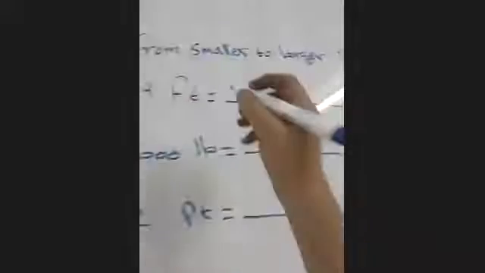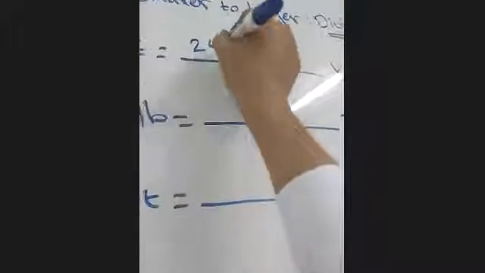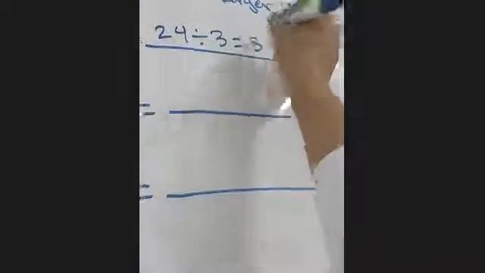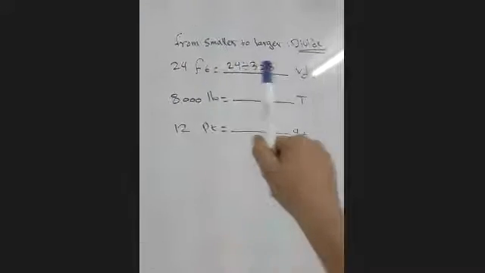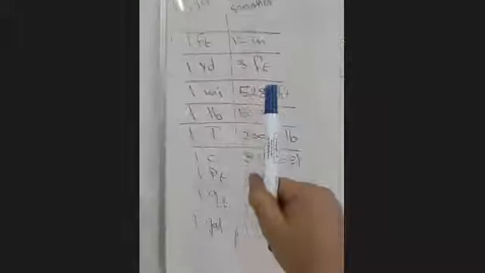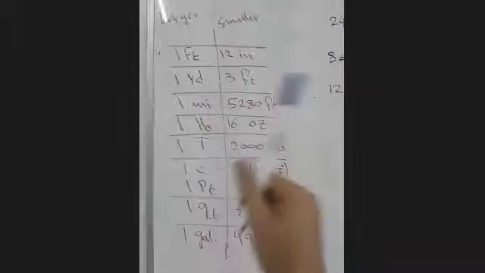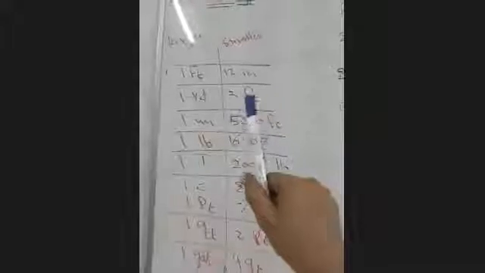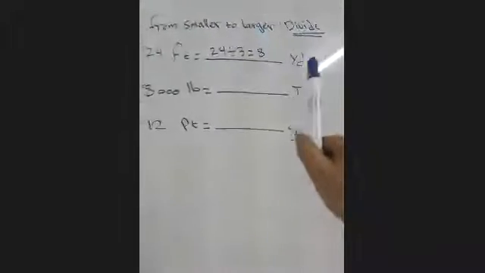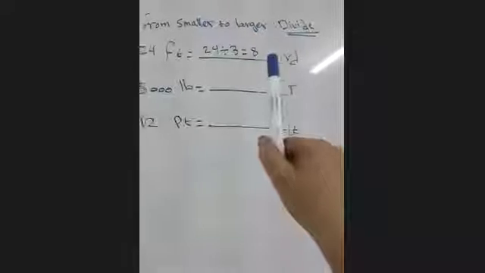So here, 24 divided by 3 is 8 yards. Feet to yard means from smaller to larger, we divide. So I divide the 24 by the 3 in the direct relationship between feet and yard, and the answer will be 8. So 24 feet is 8 yards.